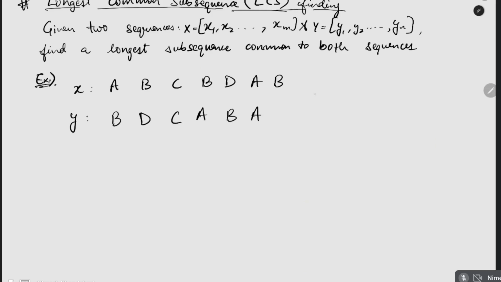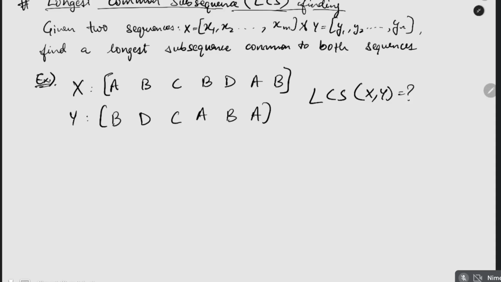So what is the longest common subsequence of x and y? For this we can just find it using the brute force LCS algorithm, right? That is exponential, so of course we cannot do that for longer arrays. That's why we are going to look at dynamic programming for the general case.